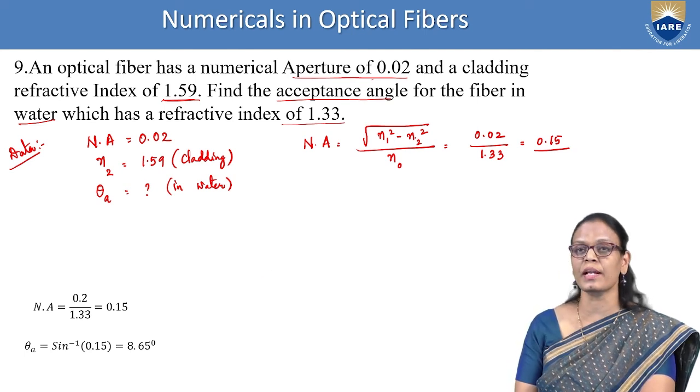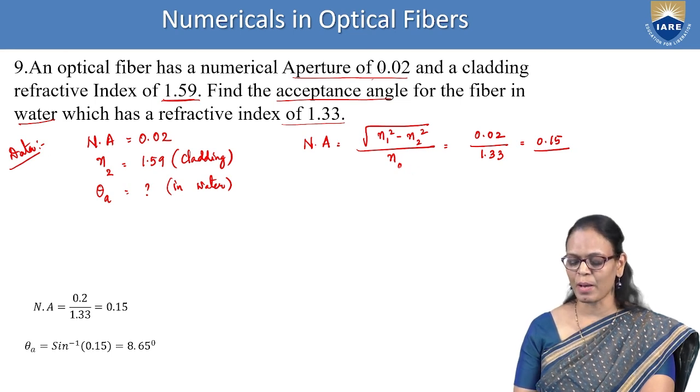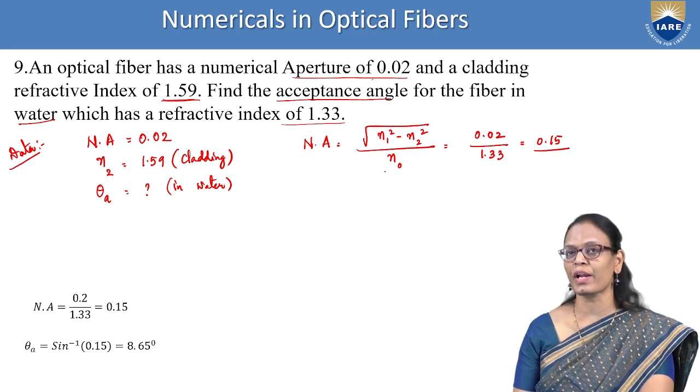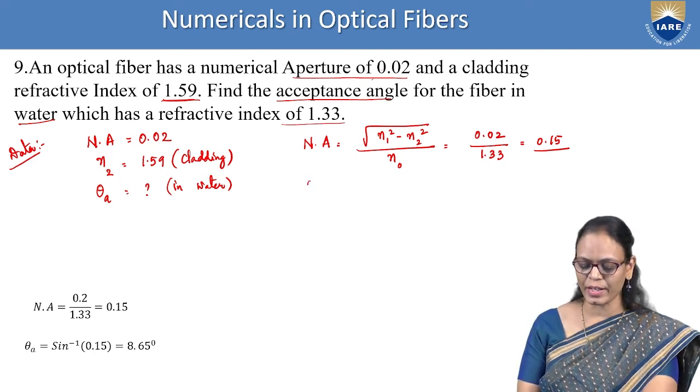So you need to understand here, when we are writing under root n1 square minus n2 square alone, it means it is launched through air and the numerical aperture is 0.02 in air. Now when it is immersed in water, what is happening? We are dividing it with the refractive index of water and we get the numerical aperture. So calculate the acceptance angle in water.